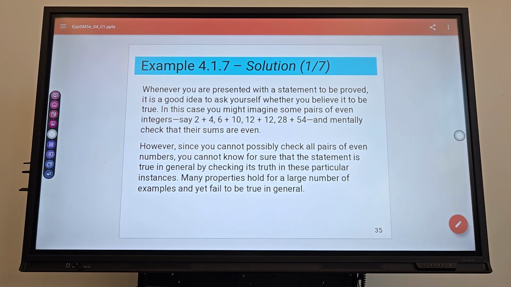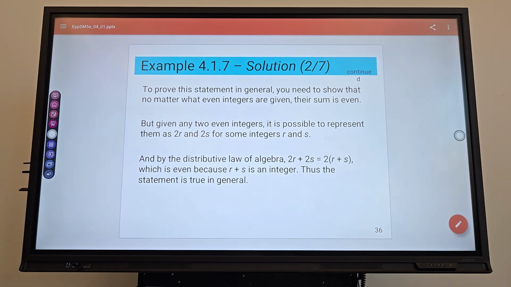For it to be true in an infinite set, like even integers, to prove the statement in general, you need to show that no matter what even integers are given, their sum is even.